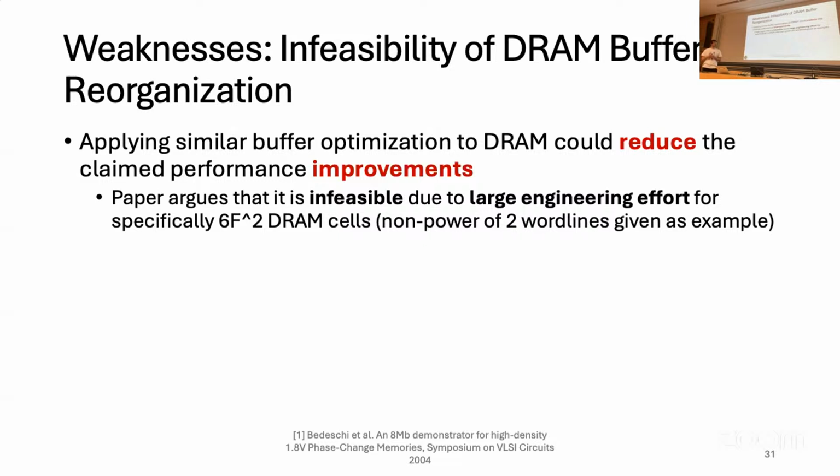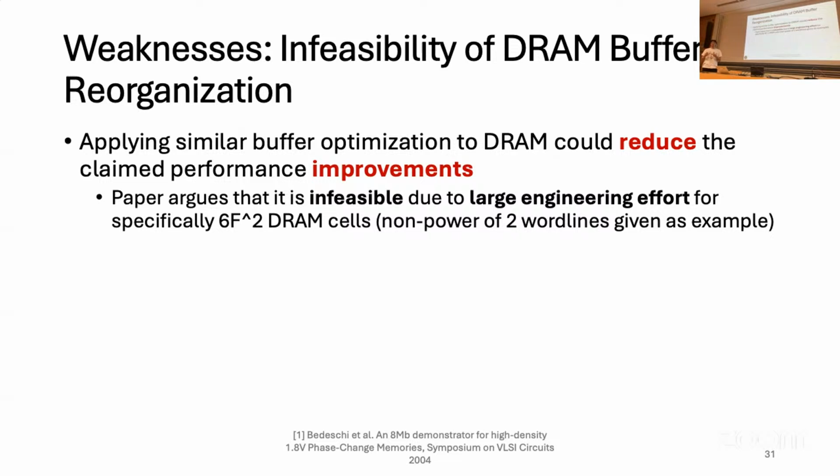Their argument is that it is infeasible in DRAM to do this kind of buffer reorganization because a large engineering effort has gone into the cells to get them working.